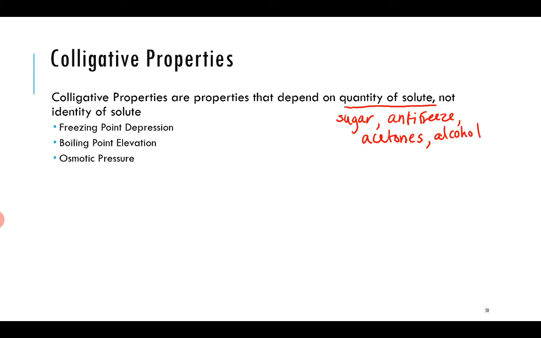So I could pick out a bunch of different solutes, and it wouldn't matter which one, it just matters how much. And so the colligative properties we'll be talking about are freezing point depression, boiling point elevation, and osmotic pressure.